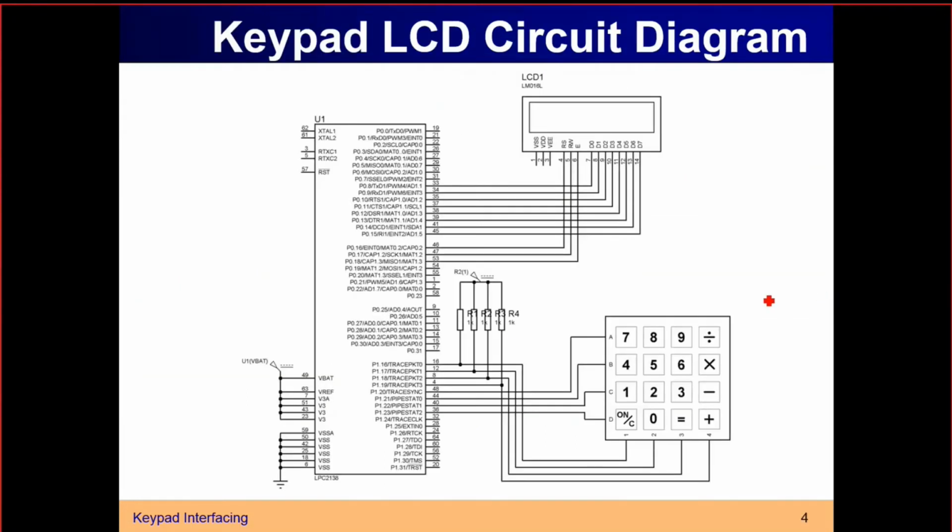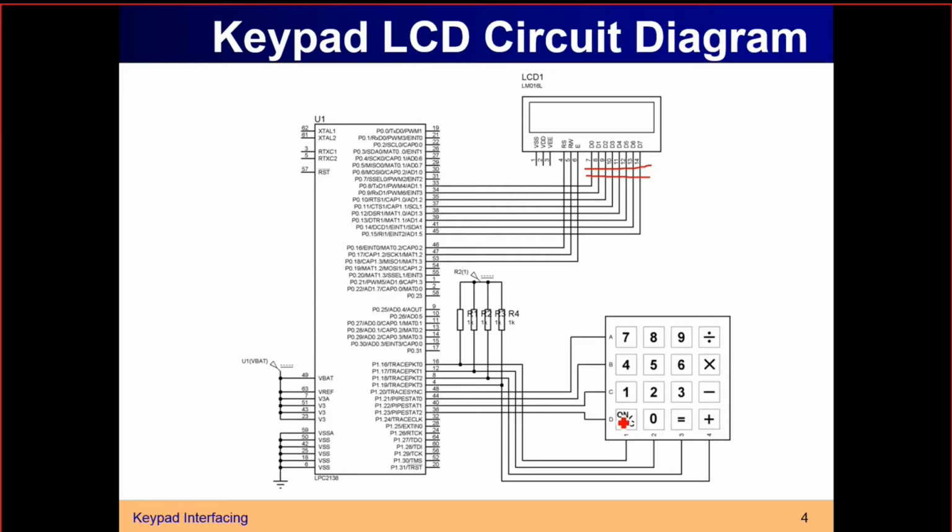So we will see the circuit diagram. So this is a circuit diagram. In this example, I am going to use 8-bit mode. So no need of that splitting and shifting, all those things are not required. So directly I am using 8-bit mode. Then I am using a 4x4 keypad, right?